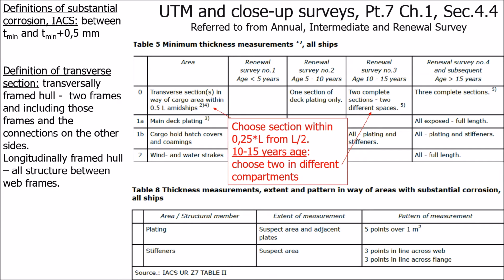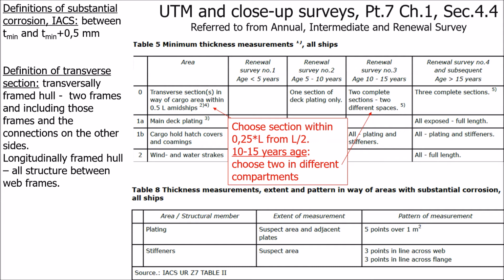Again, this is a description of how to measure these distances from the L/2 for this ship in our example, 10 to 15 years of age. So you can just ignore the others. You don't drown in this. You just check what you have to do.